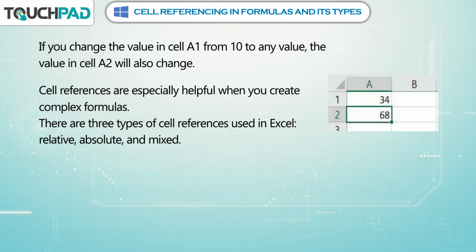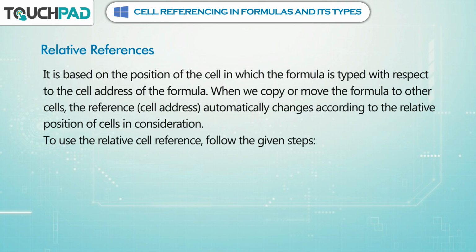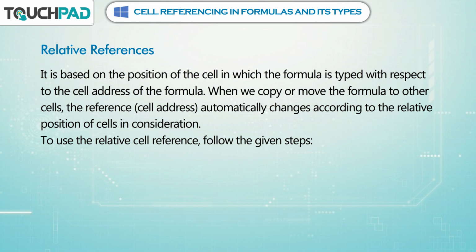There are three types of cell references used in Excel: relative, absolute, and mixed. Relative references. It is based on the position of the cell in which the formula is typed with respect to the cell address of the formula. When we copy or move the formula to other cells, the reference or cell address automatically changes according to the relative position of cells in consideration.